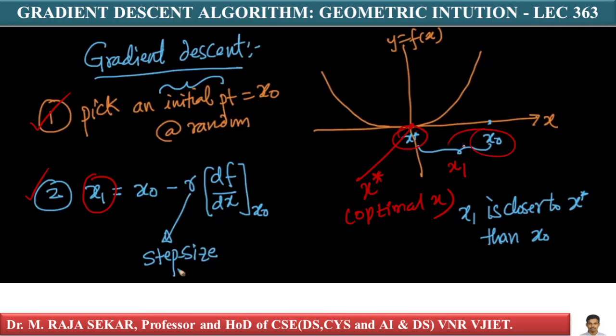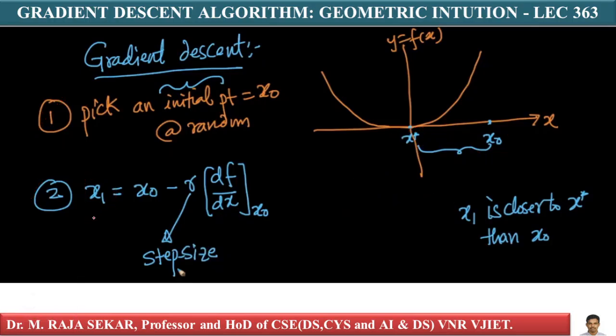How do you pick? It is a very simple rule of the gradient descent. What is that rule? That rule says x1 equal to x0 minus r into df by dx at x0. What is this r? Let's see. This r is a constant.